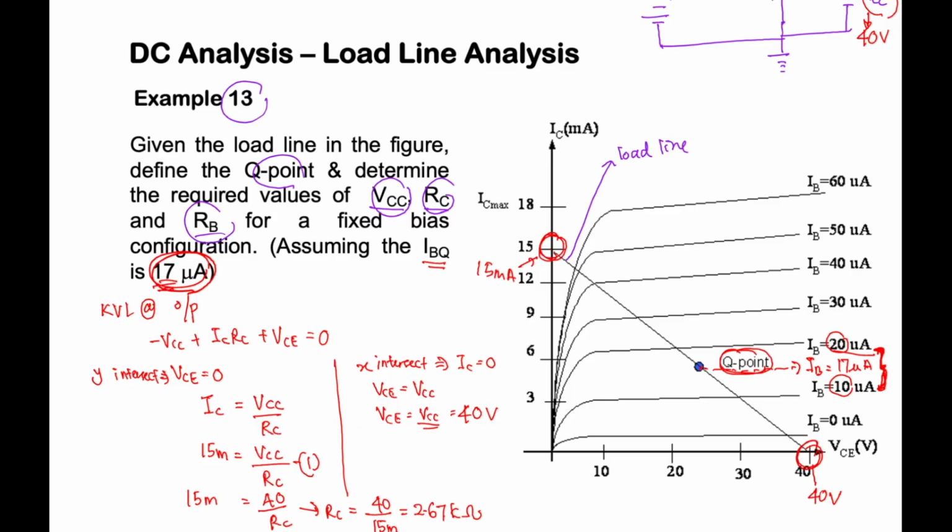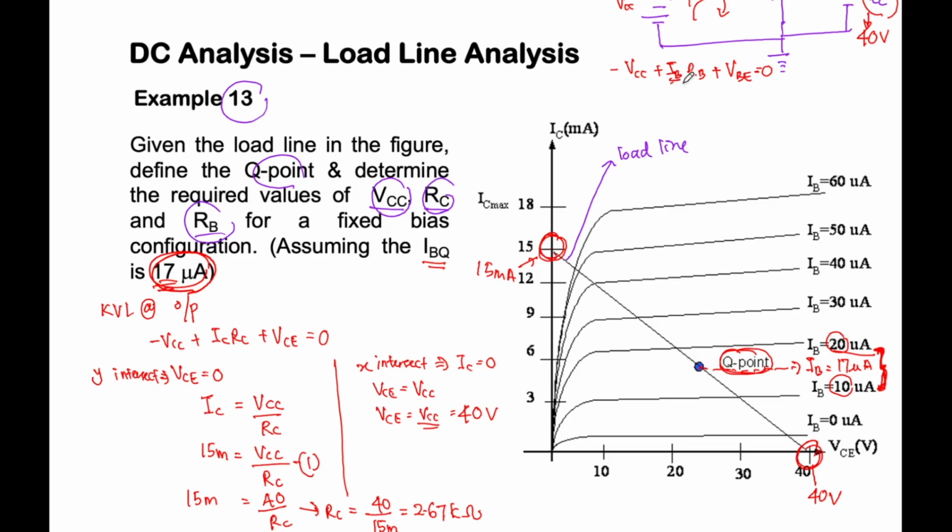Yes, we can use the KVL at the input loop: negative VCC plus IB RB plus VBE equals 0.